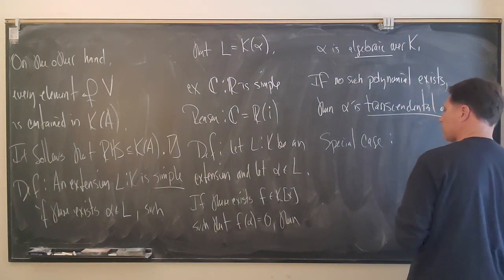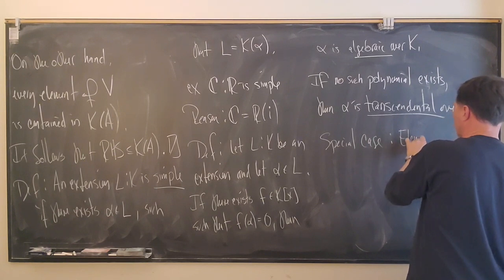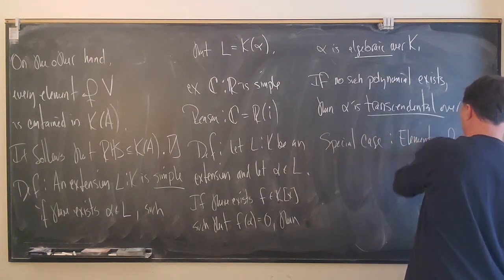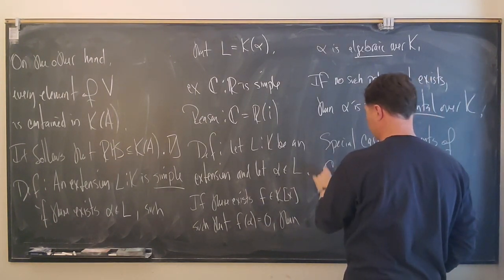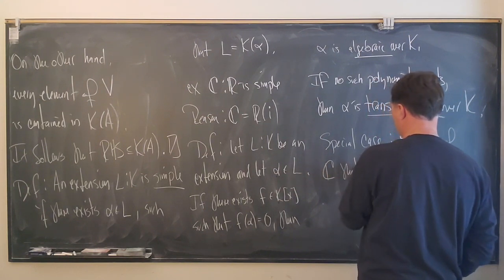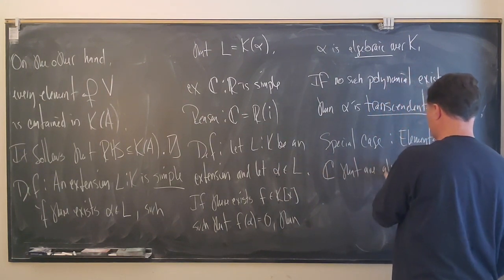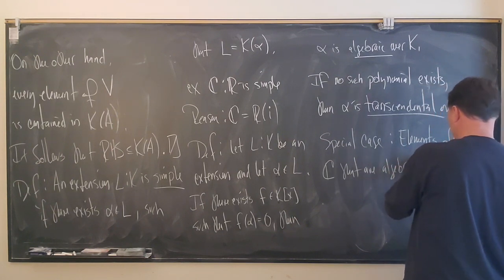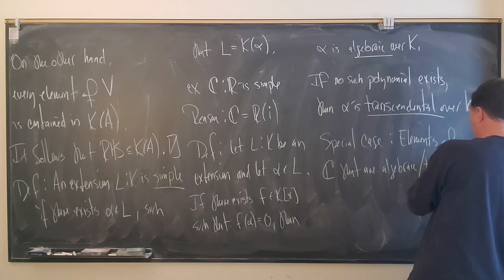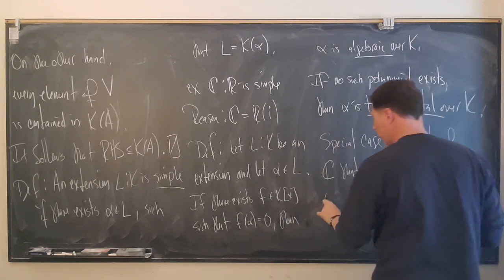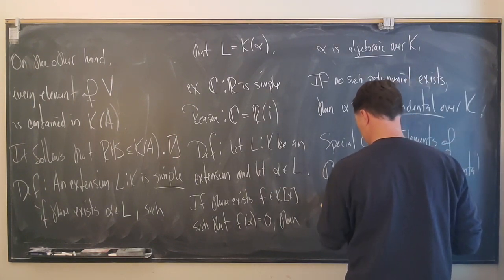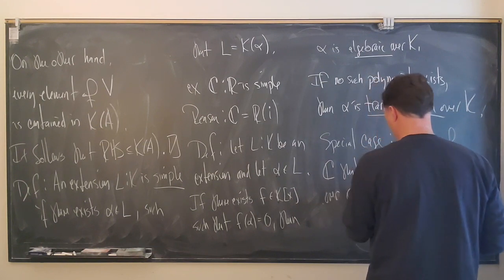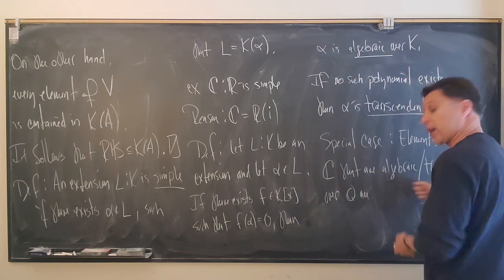Now let's just word it this way. So elements of C that are algebraic/transcendental over Q, we refer to them as algebraic or transcendental numbers.